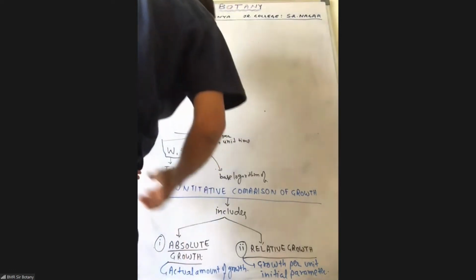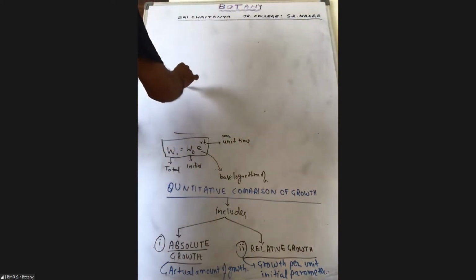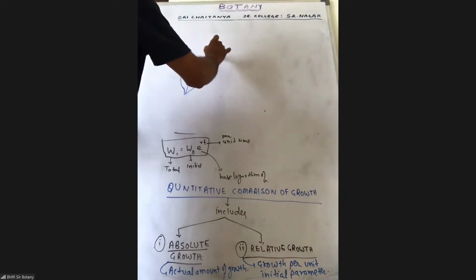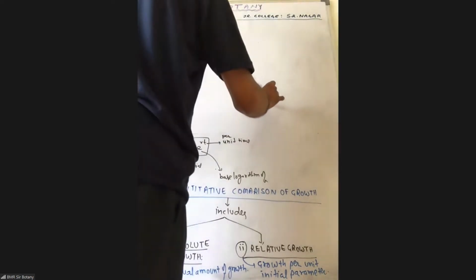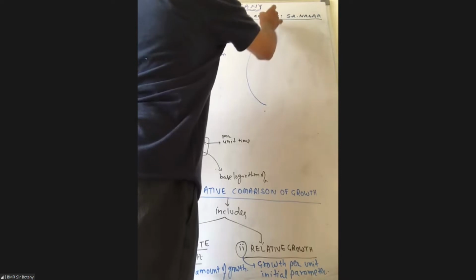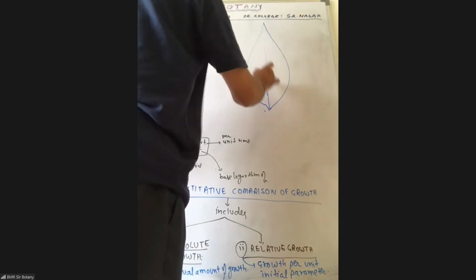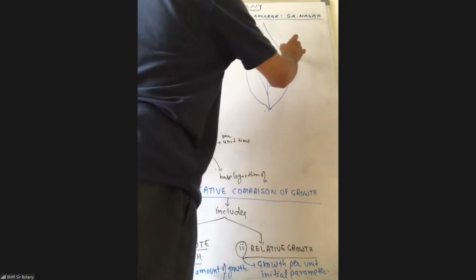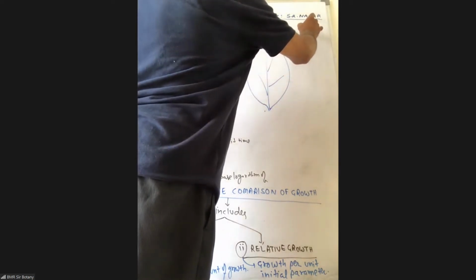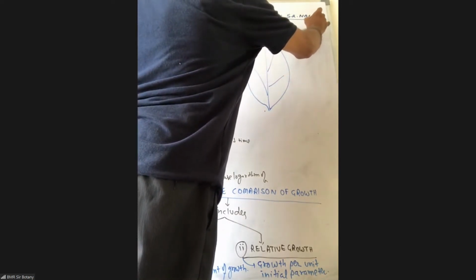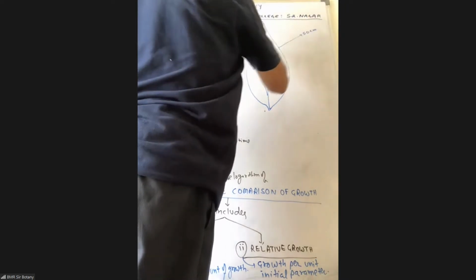Here, two leaves are given for us. One measuring 5 centimeters in diameter, another measuring 50 centimeters in diameter.